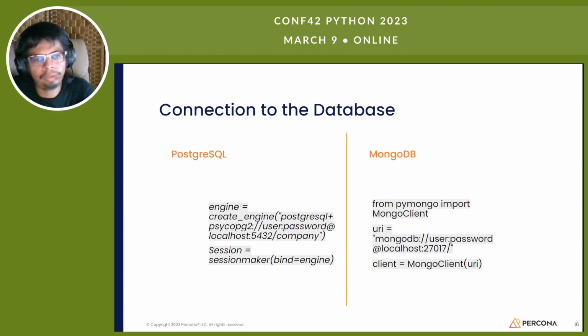Then we create a session. And for MongoDB we use PyMongo. We establish a connection to the database by calling the Mongo client method. We need to specify the user, password, the port, and the URL of our MongoDB server.